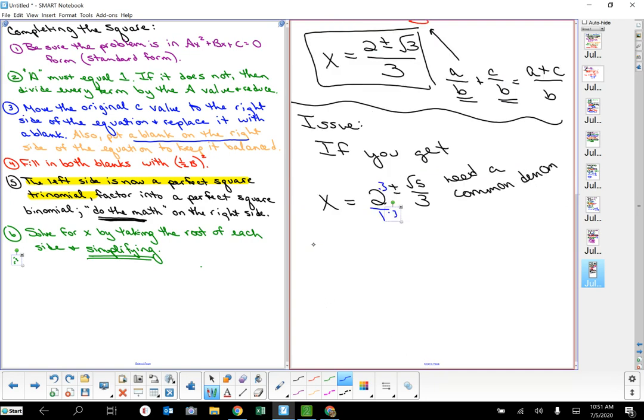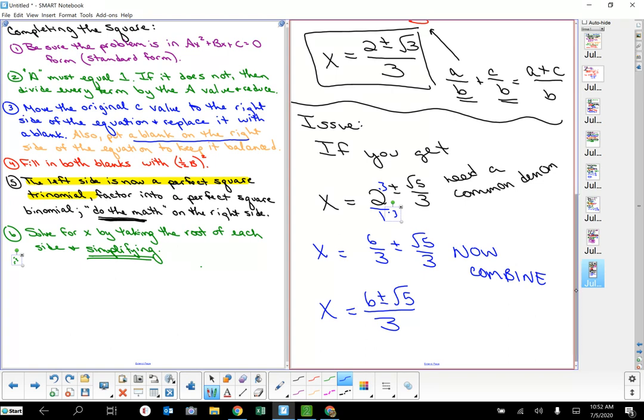So your equivalent fractions become 6 over 3, right? That's 2, plus or minus rad 5 over 3, and now combine. Okay, so this is x equals 6 plus or minus rad 5 all over 3. So that didn't happen in the problem that we had, but it may very well happen, and you should know what to do if that does happen.